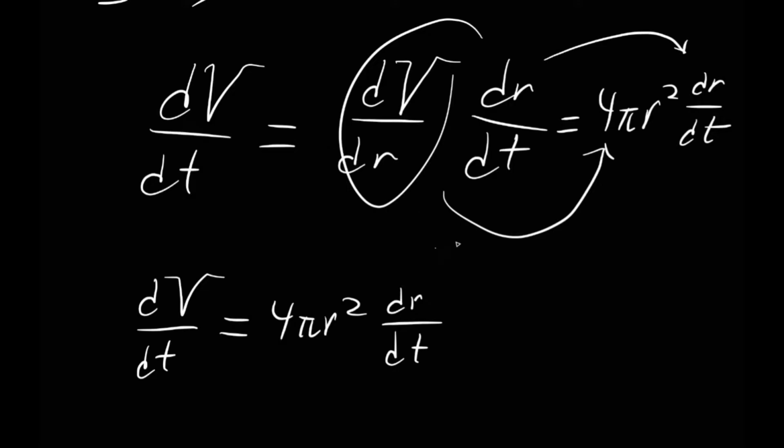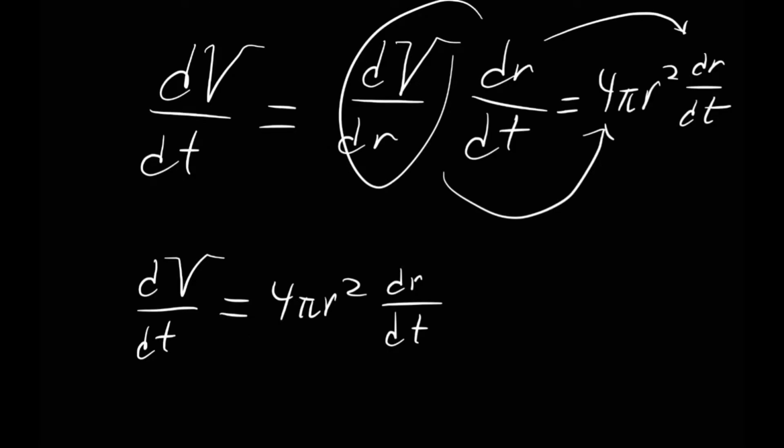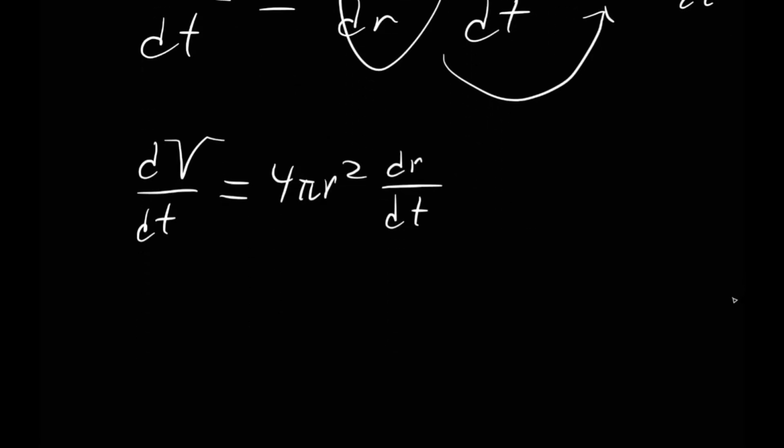All right guys, now what do we want to do for our next step? Well, we're right at the finish line. All we need to do is think of this now, once again, as an equivalency. We cannot treat the two operators as quotients because they are not quotients. They're operators.